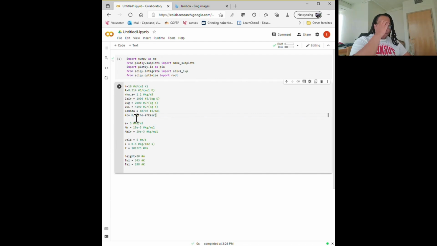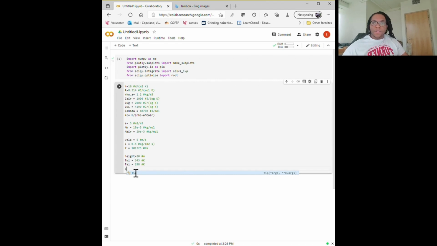All right. And then also, one thing that I'm going to add is our zplot variable. This will be coming into play later on.